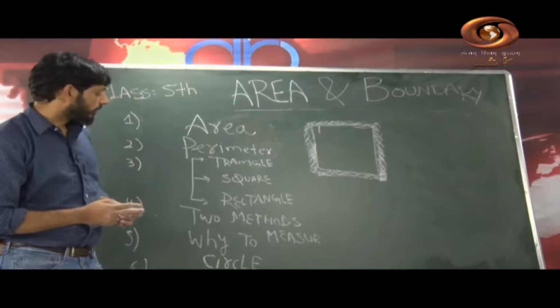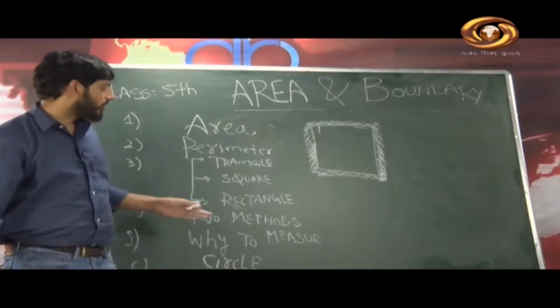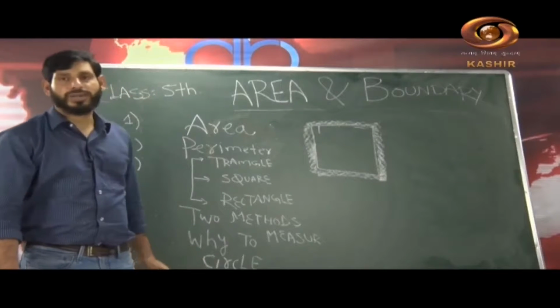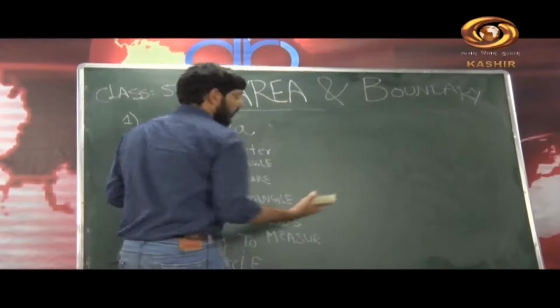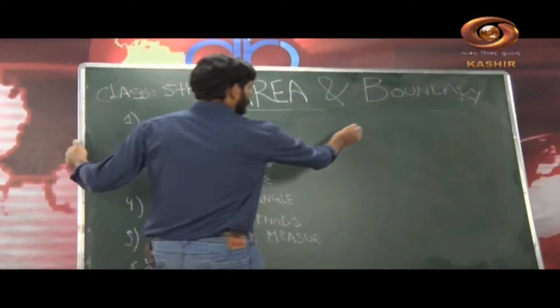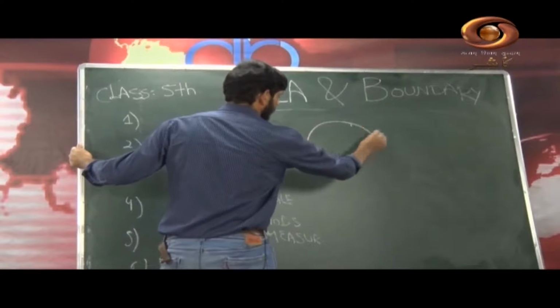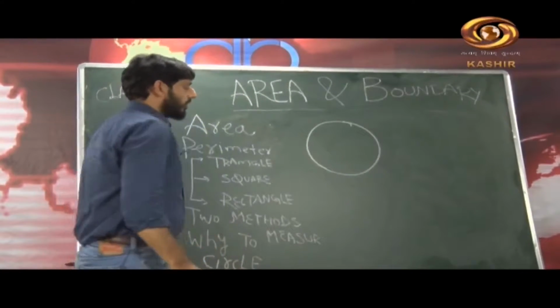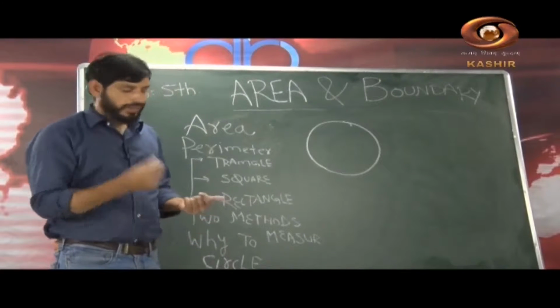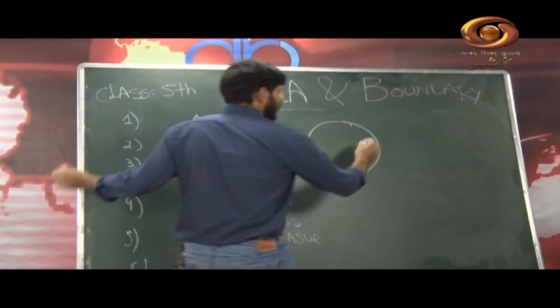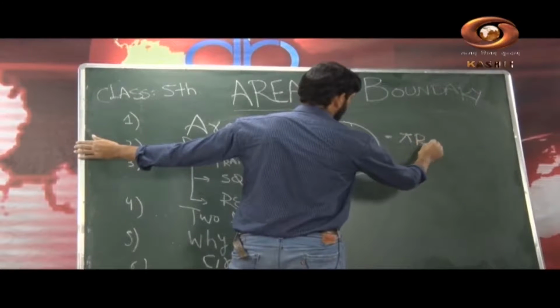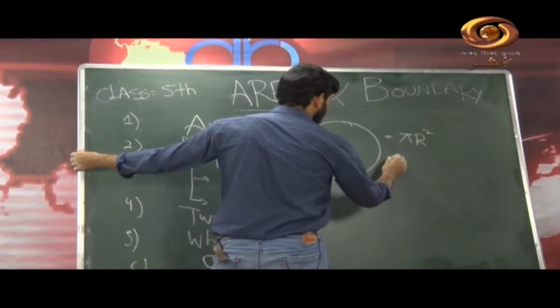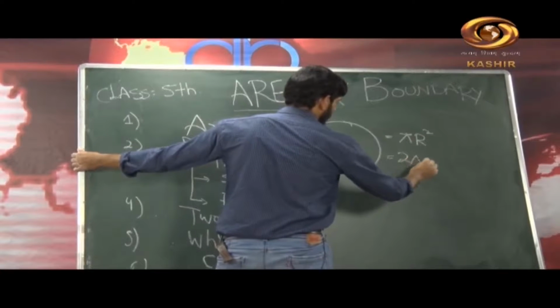Okay. So lastly, in this session we have circle. Now this circle, its area is pi r square and its circumference is 2 pi r.